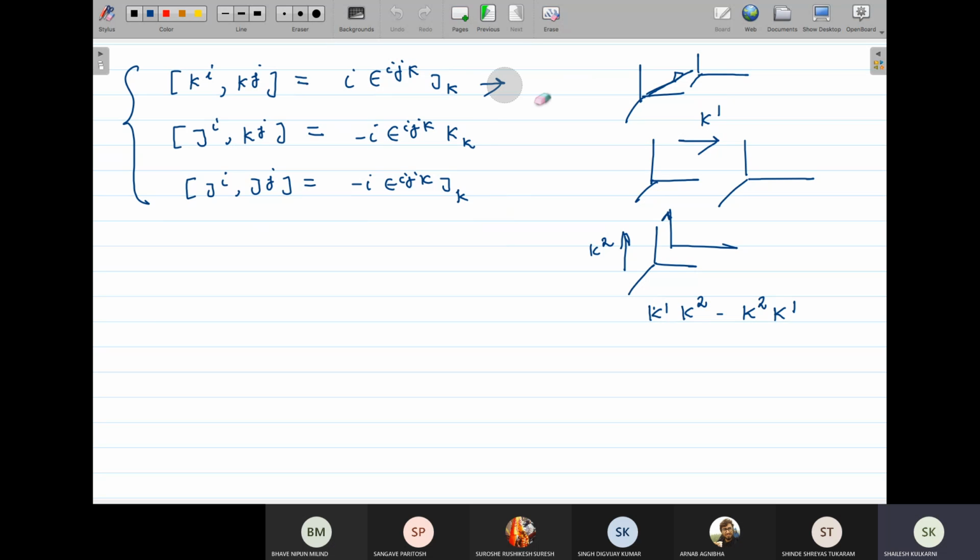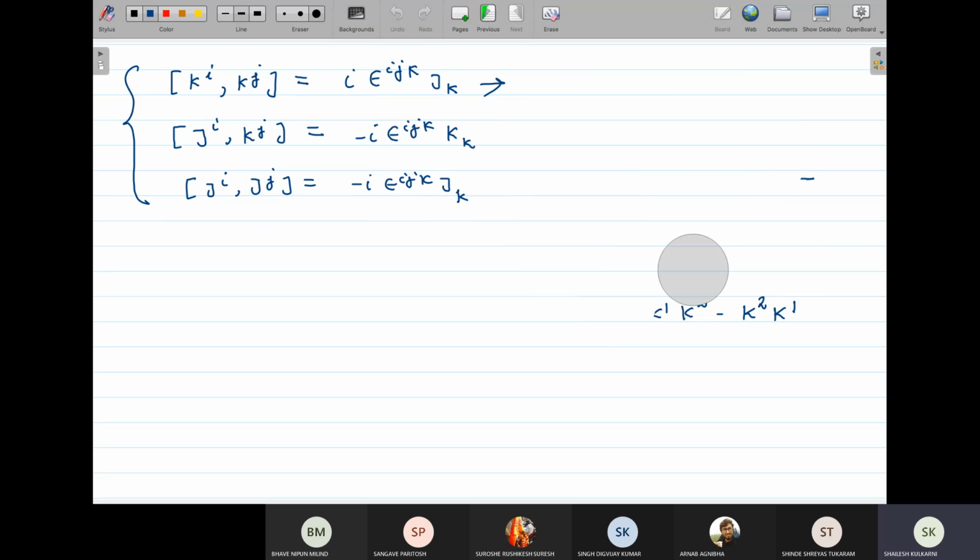There is an intelligent way to re-express these commutation relations.